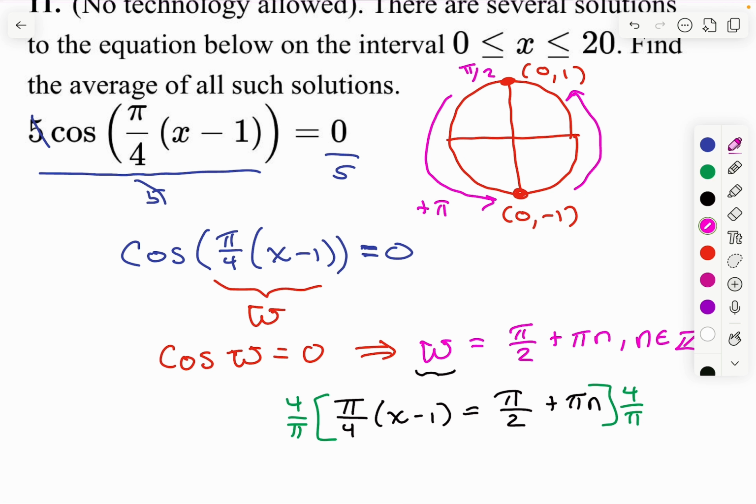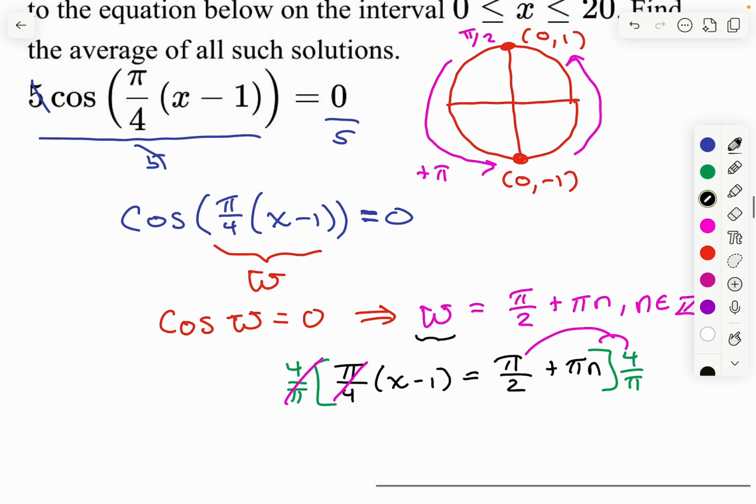That has the effect of canceling these. And then when you distribute, you get 4 pi over 2 pi. Well, the pi's cancel, and you just get 2. And then when you distribute it here, the pi's cancel, you get 2 plus 4n.